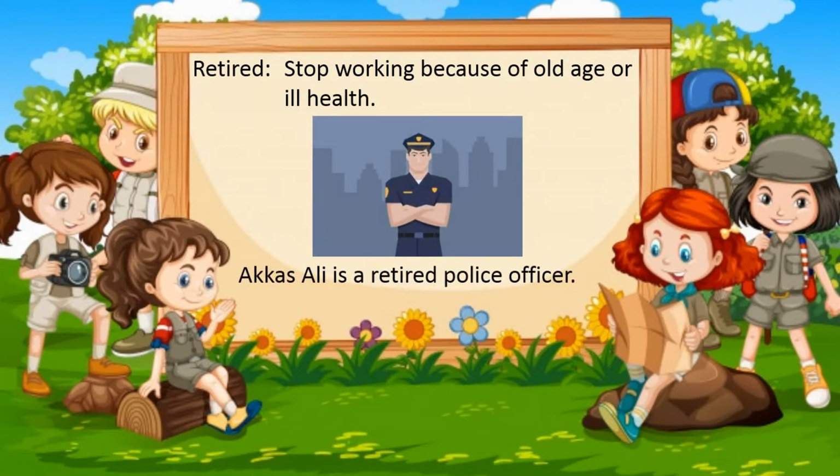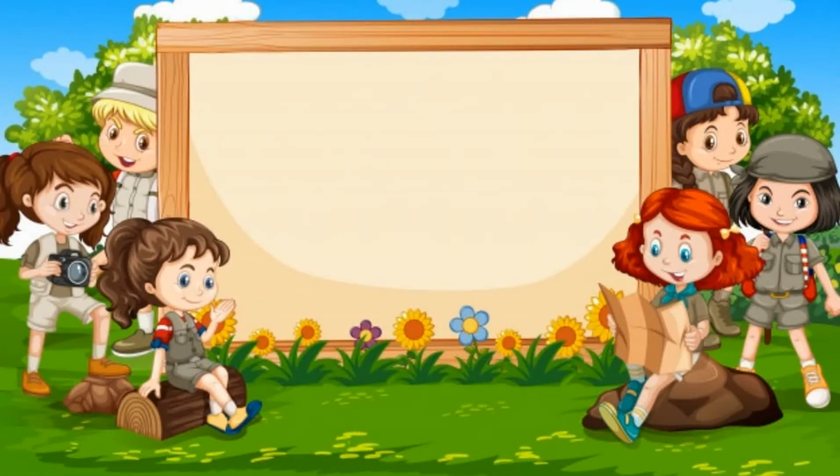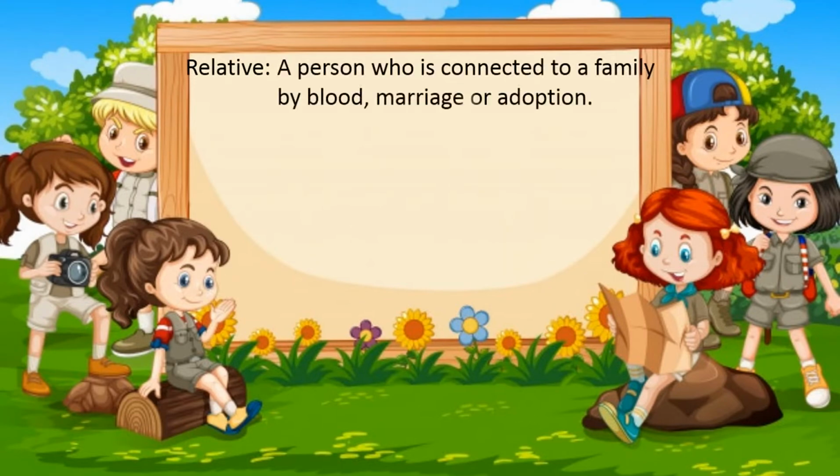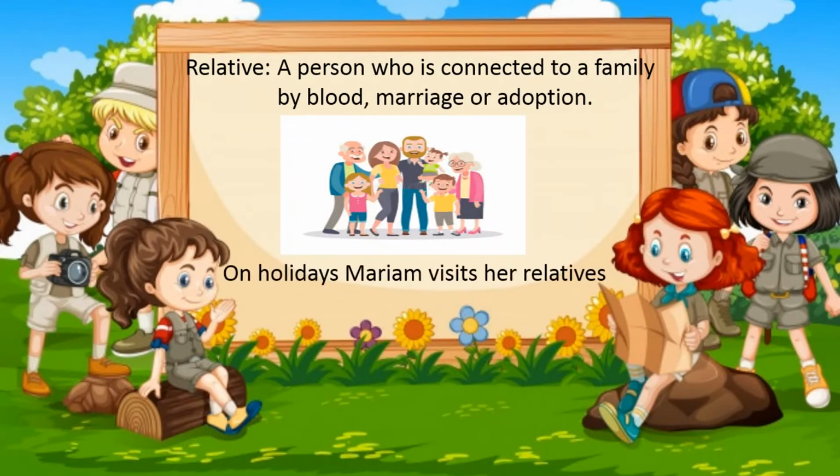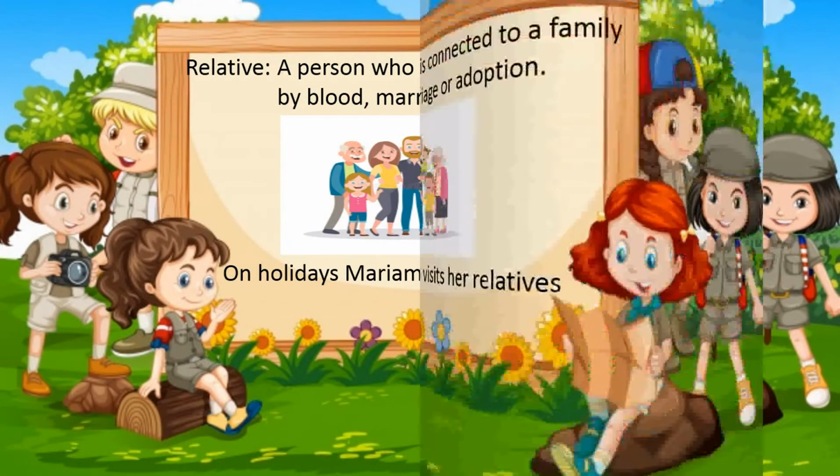Akkas Ali is a retired police officer. Relative. A person who is connected to a family by blood, marriage or adoption. On holidays, Mariam visits her relatives.